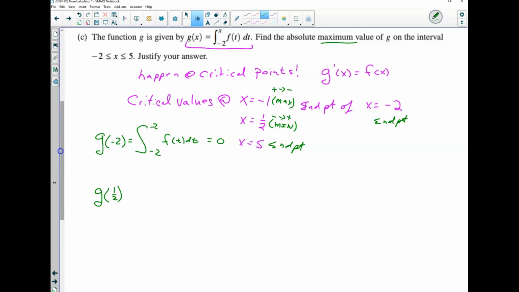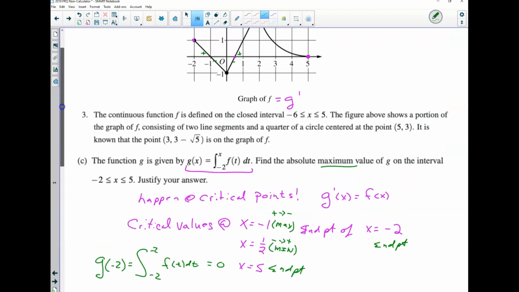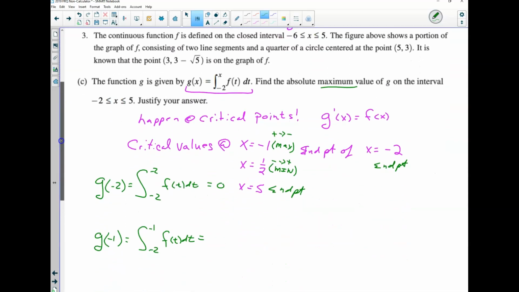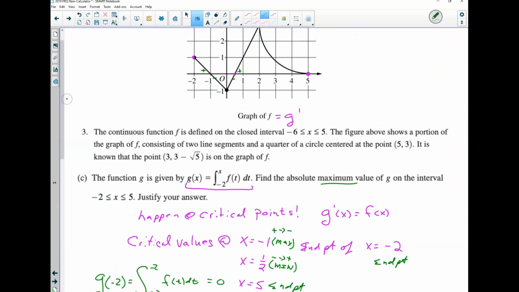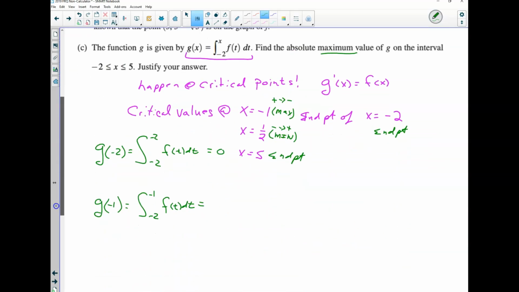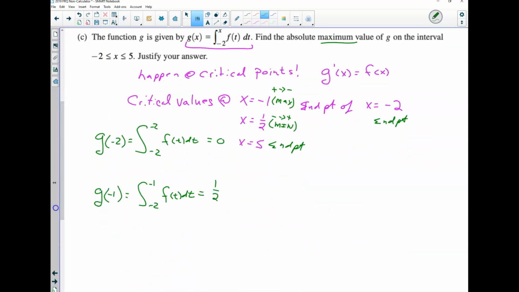Or no, I don't want 1/2, I want negative 1. We want maximums. So this is going to be g of negative 1. Well, that's my integral from negative 2 to negative 1 of f of t dt, which actually equals, negative 2 to negative 1. So that's going to be a positive half, right? Right there? And that's going to equal 1/2.